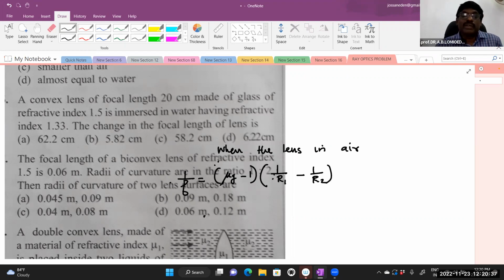Substitute the value. For the first case, the focal length is 20, the refractive index of the glass is 1.5 minus 1, and the radii are not given. Consider this as the first equation.